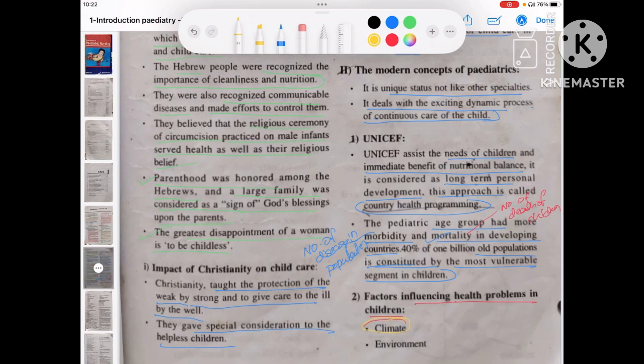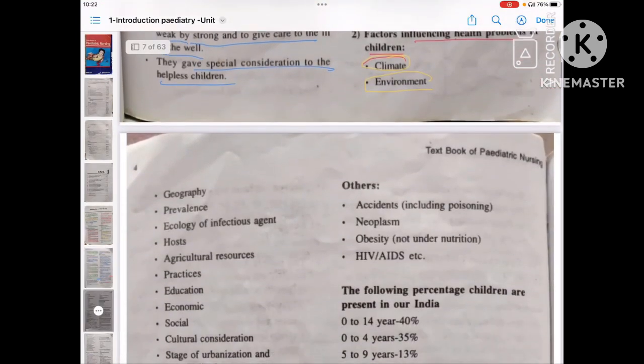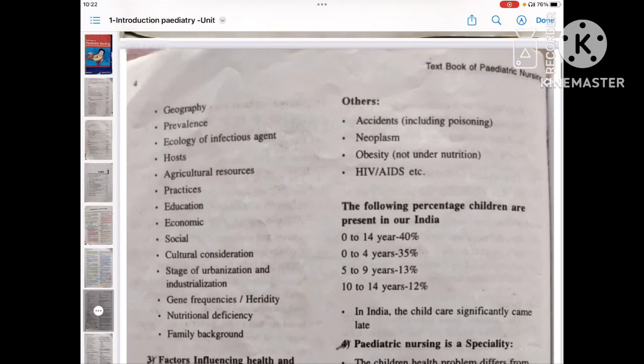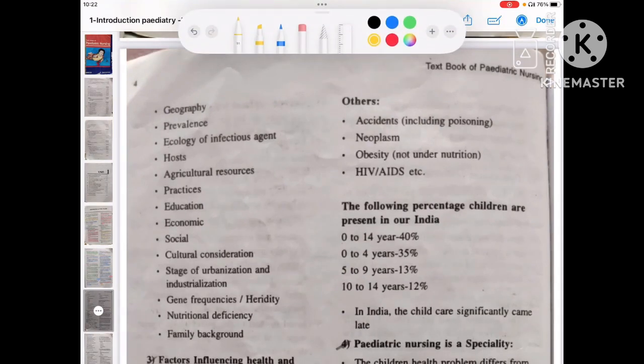Next is the environment, and then geography, where they are living, the geographical area, meaning the physical features of the earth. Then prevalence, the condition being such that they are in a very high risk region. Then the ecology of infectious agents, where more microorganisms are present in the environment.